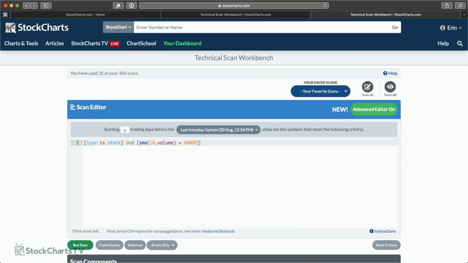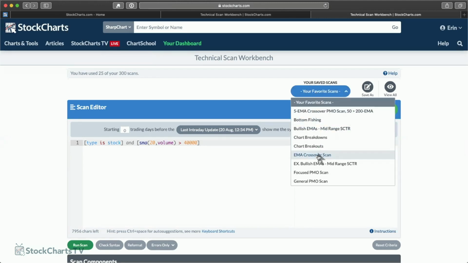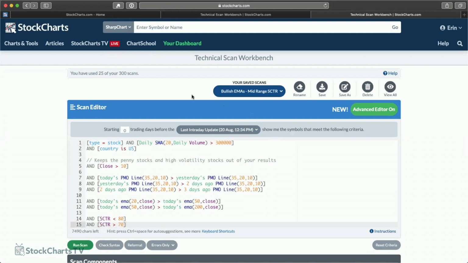What I thought I would do is take one of my scans where I typically get a large number of results.